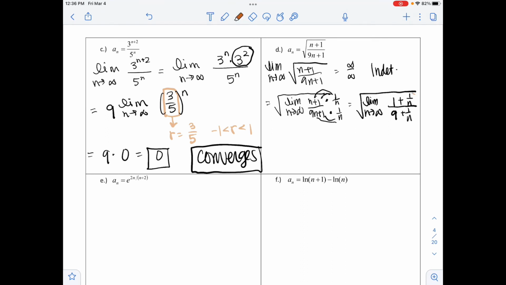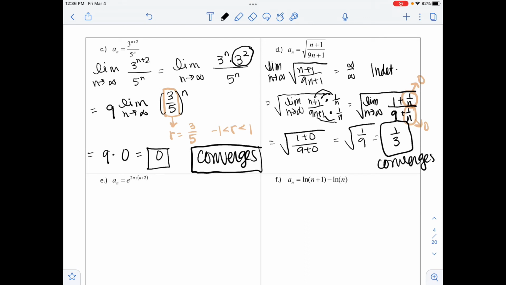And so these are both going to go to 0 as we take the limit. And so we end up with the square root of, when we evaluate the limit, 1 plus 0 over 9 plus 0, or the square root of 1 over 9, which is going to be equal to 1/3. And so we'd say this also converges.